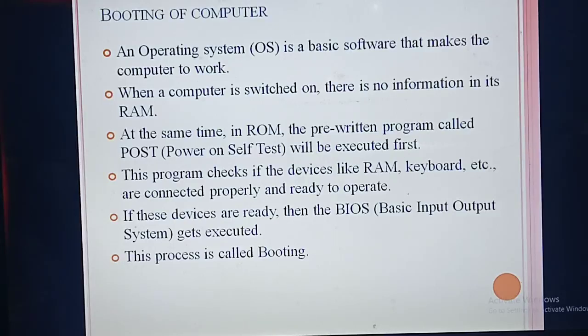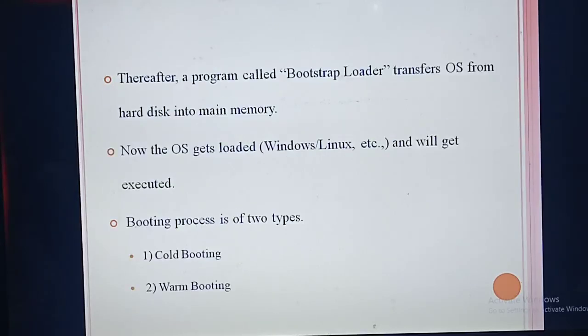Booting. Okay, so listen. After booting, another program called the bootstrap loader will transfer all the information of the OS from the hard disk into memory.